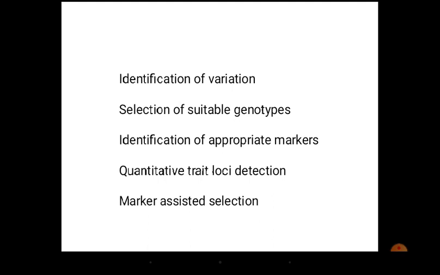The reason we do all this research is to improve the accuracy of selecting quantitative traits, because most of them are economic in nature. We can reduce the duration required for selection. To reduce the generation interval and improve the accuracy of selection, we need the help of quantitative trait loci.